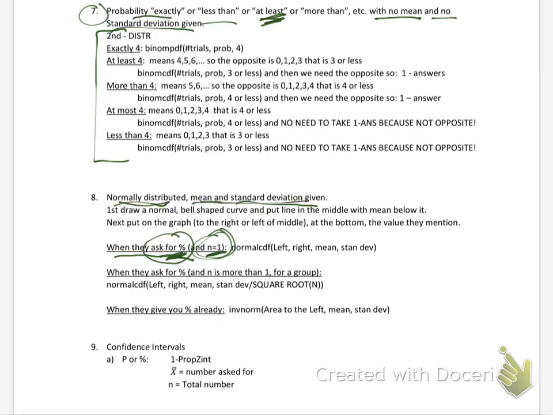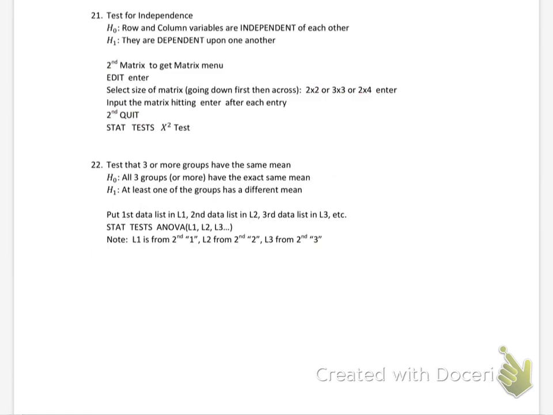Normally distributed, mean, standard deviation. They're asking for a percentage or a proportion or a probability. Same thing. A probability is always a percentage. And n is 1. They never mention n is more than 1. We'll get to the more than 1 in a minute, but they didn't say anything like that. So it's notes number 8, first subsection.